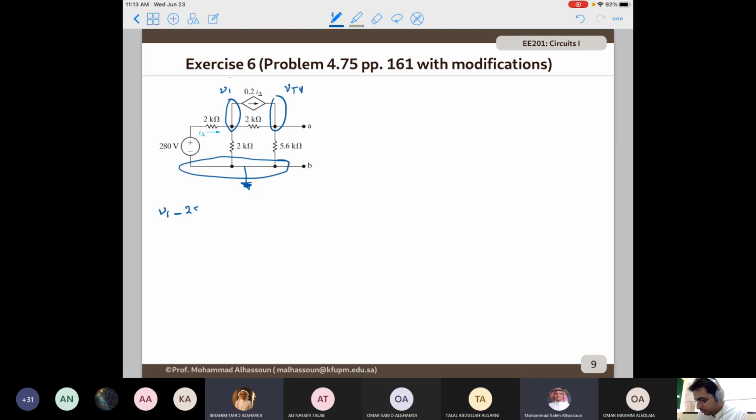For V1, we have V1 minus 280 over 2 kilo ohm, plus V1 over 2 kilo ohm, plus V1 minus V Thevenin over 2 kilo ohm, plus 0.2 I delta, which we'll come to. I guess it's not straightforward in this case. Okay, very good.